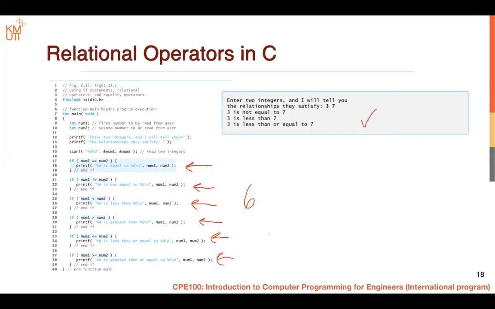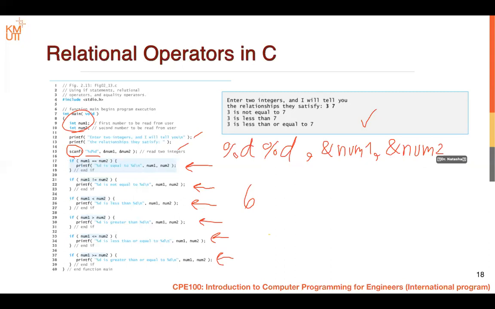This program starts with the integer declaration num1 and num2, and then you get two integers. So you can see that in this second scanf here, you have to input the %d format specifier, right? And then you use ampersand num1 and ampersand num2, right?